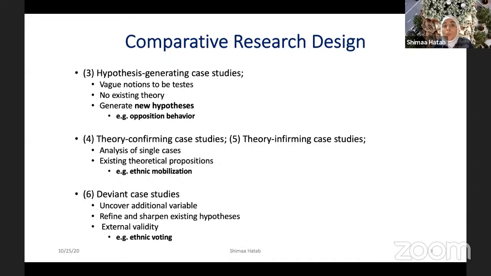So that's why you need to examine how these empirical cases would confirm or infirm the existing theoretical frameworks. And in this regard, you have deviant cases, for example, where all the necessary and sufficient conditions do exist to have ethnic voting, but the groups in this country, despite the fact that they meet these conditions, did not produce the outcome.